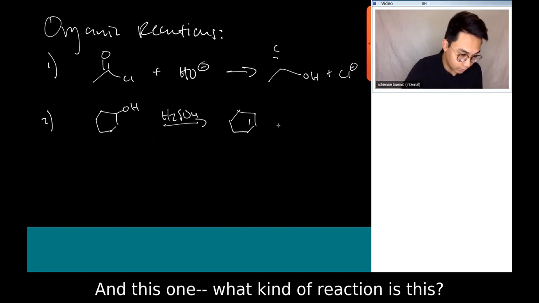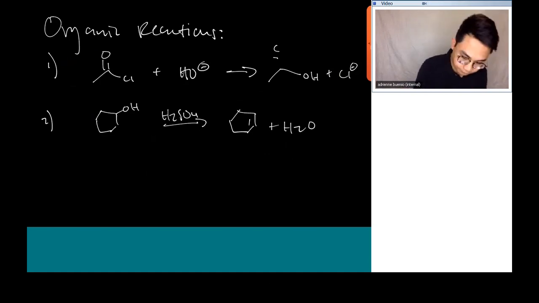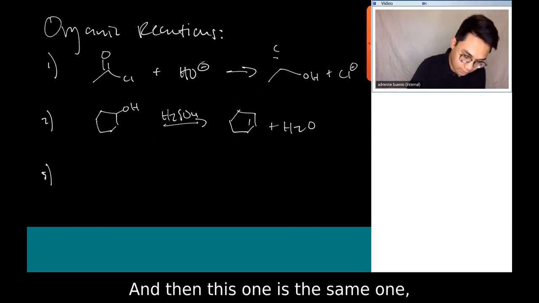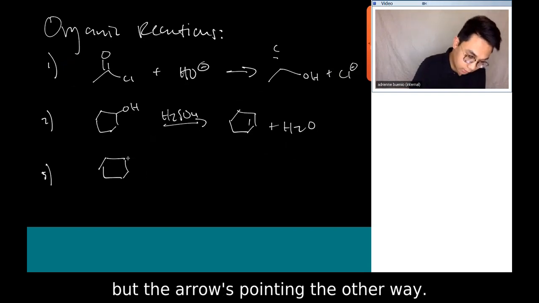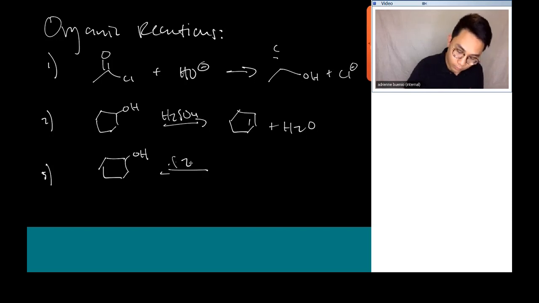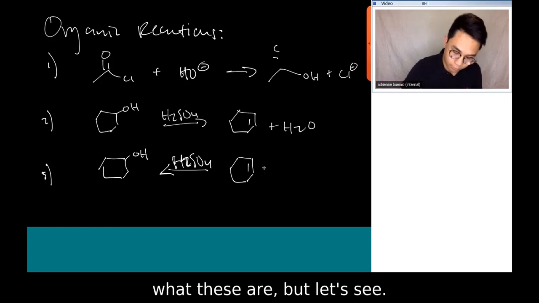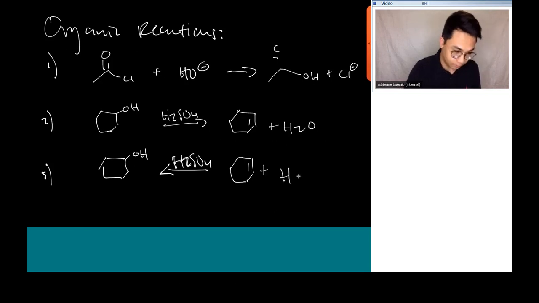And this one, what kind of reaction is this? And then this one's the same one, but the arrow's pointing the other way. So you guys probably already know what these are, but let's see.